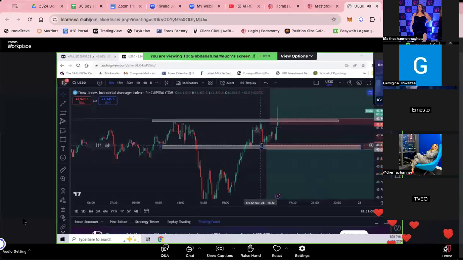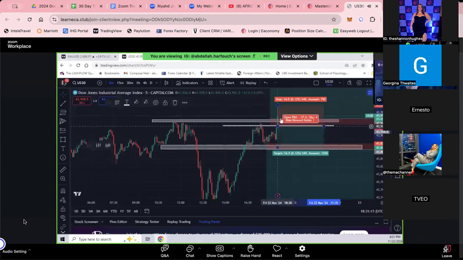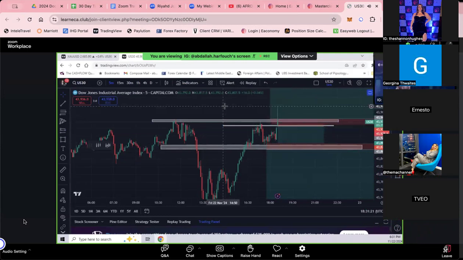Here, even if it retraces down, we will be ready for the potential sell, because on TradingView we have a small gap. On the MT5, we don't. But let's see. We can trade this now if it breaks down.